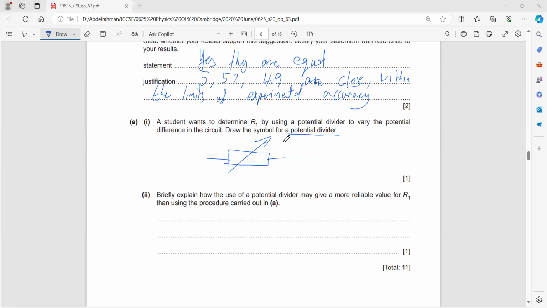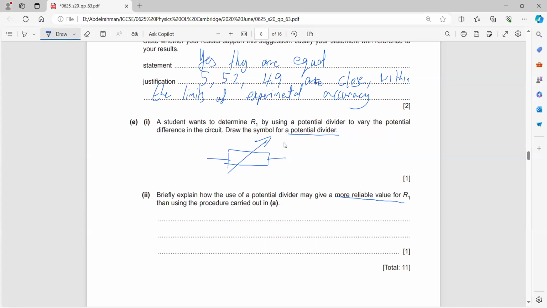Current can be controlled. Take more values, repeat and take the average. Yes, guys, whenever I say more reliable values, how will I use it?